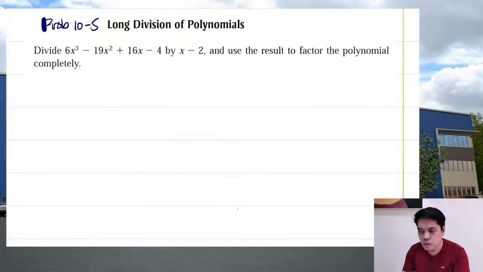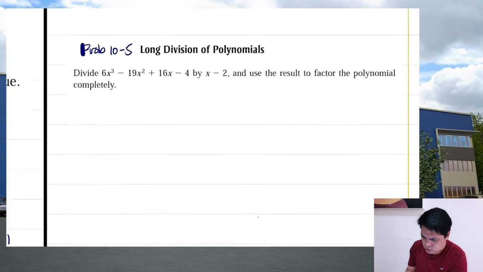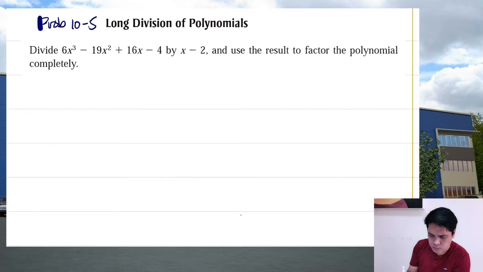Okay, before we proceed to graphing polynomial functions, let us first learn about division of polynomials. So let's start with long division. Let's call this problem 10-5. Divide 6x cubed minus 19x squared plus 16x minus 4 by x minus 2 and use the result to factor the polynomial completely.